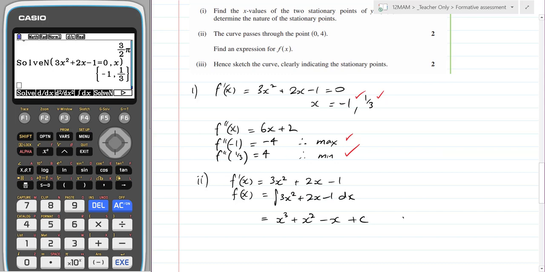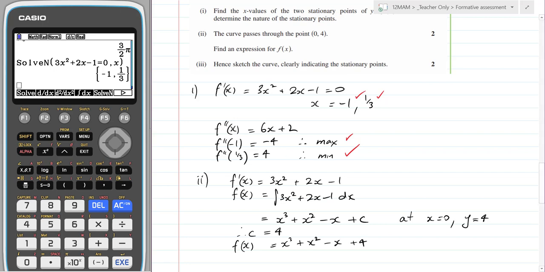And we also know that at x equals 0, y equals 4, and therefore c equals 4, and we get f of x is equal to x cubed plus x squared minus x plus 4.